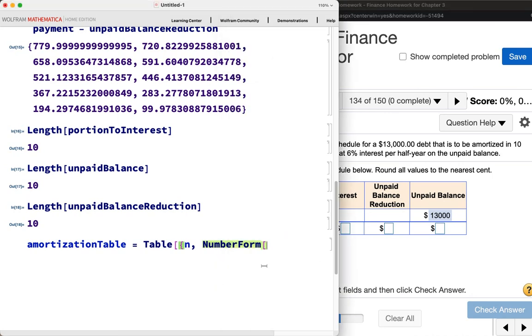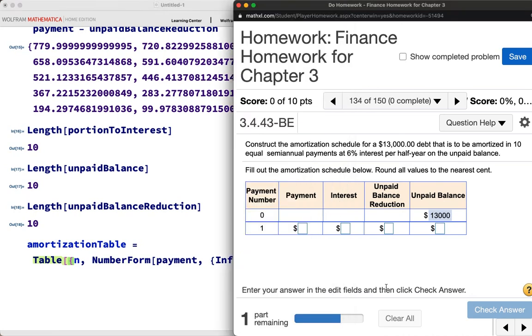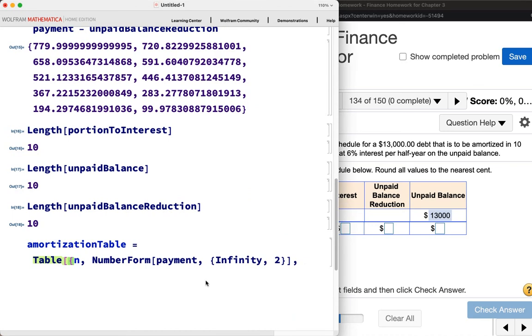So payment, and we're going to round that out to 2 decimals. And then, oh, wait a minute. Portion to interest. So I'm accessing elements within my list.